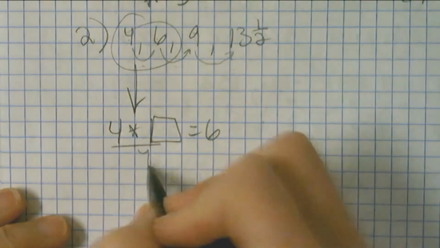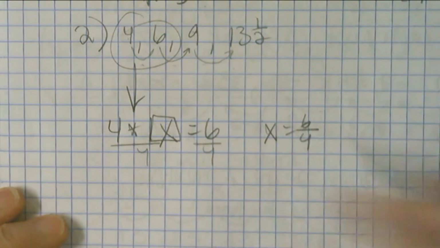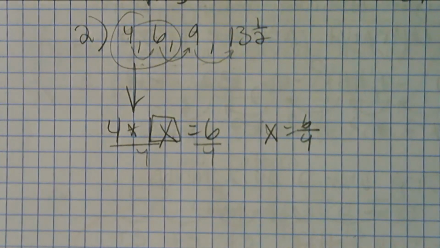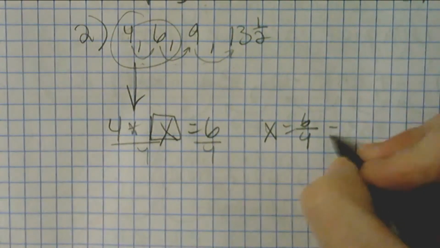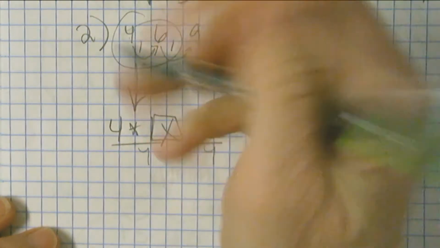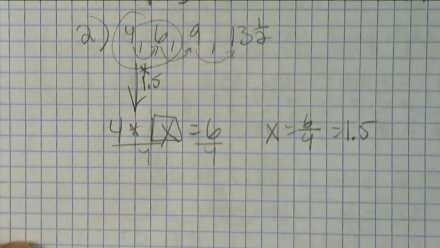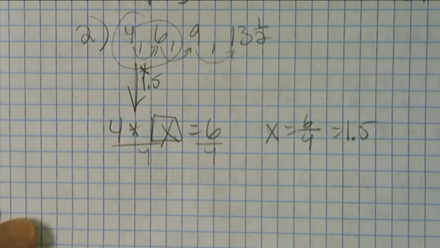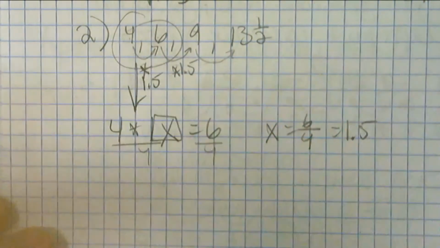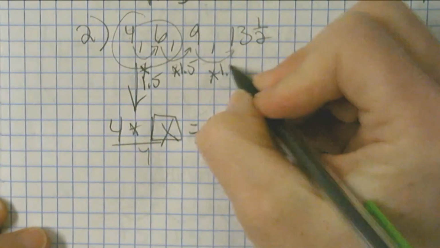Yeah, I can divide both sides by 4. So let's call that x. X is going to be 6 divided by 4. Well, 6 divided by 4 is 1.5. So here, to go from 4 to 6, I'm multiplying by 1.5. Let's see if that works for the rest of them. 6 times 1.5 gives me my 9. 9 times 1.5 gives me my 13.5.